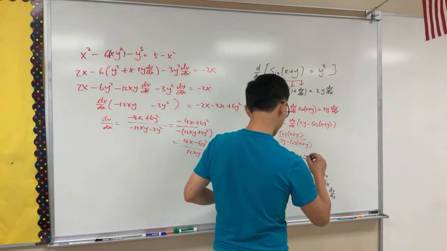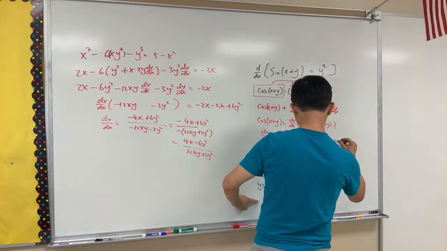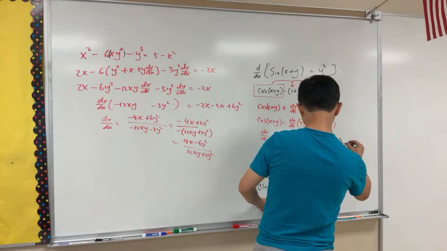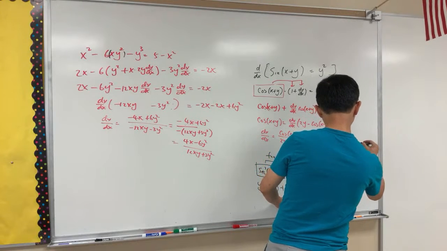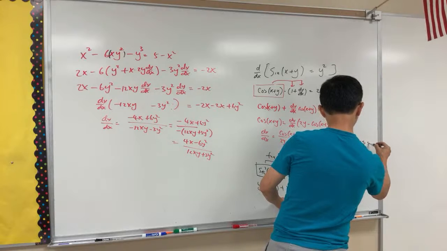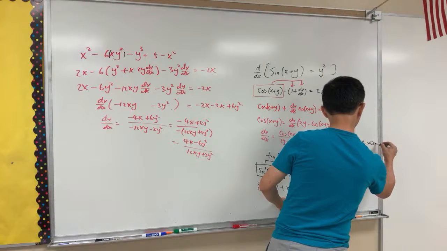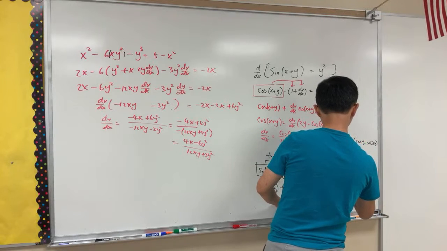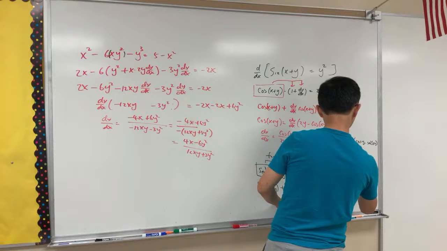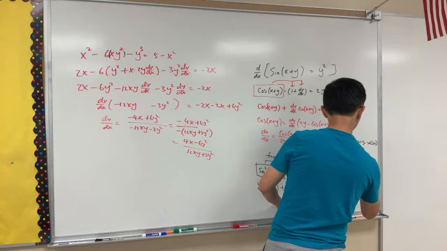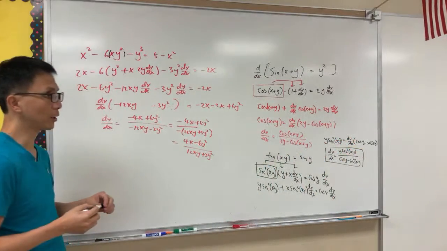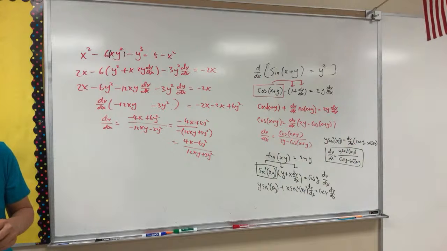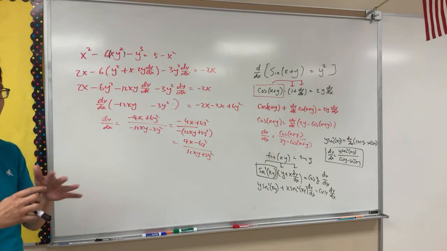I move to the other side, so it's going to be y sec squared of xy is equal to dy dx times, if I factor out, cosine of y minus sec squared of xy. And then dy dx is equal to y secant squared of xy over cosine of y minus secant squared of xy. And that's my final answer. So I know that's a little bit more extensive. That's as far as I can ask of you.